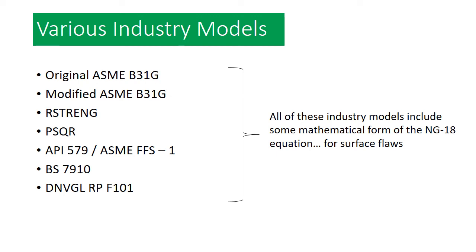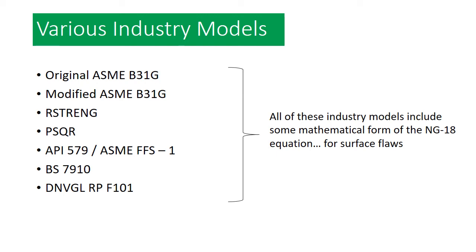We can go to API 579, which has a chapter or 2 or 3 chapters on corrosion assessments. They use a very similar technique in there. We can go to British Standard 7910 and have a similar technique. Now, all of these industry models include some mathematical form of the NG18 equation, but they're using them for surface flaws as opposed to through-wall flaws.